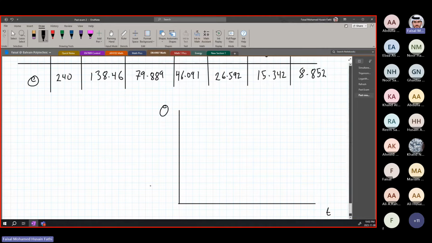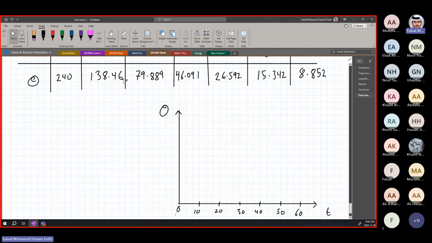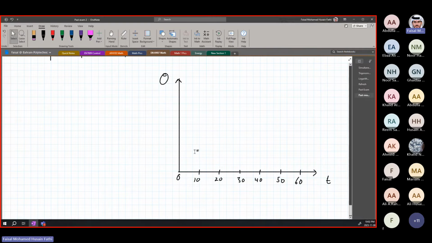Let's go like this: every 3 is 10, 20, 30, 40, 50 and 60. So we just need to know the graph until this point, from 0 to 60, and here is 0 of course. Now the x axis, you will do it depending on your largest value, so try to make it as large as you can.